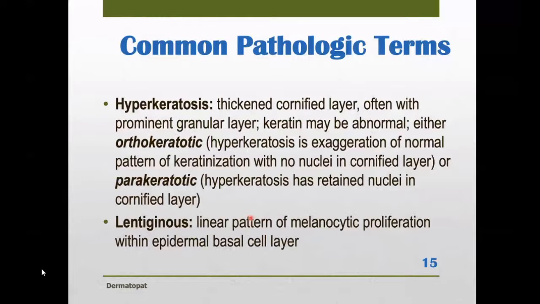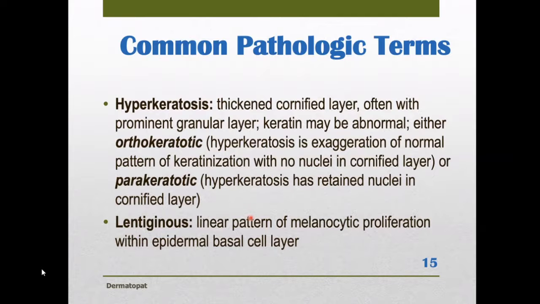Another, orthokeratosis. So in hyperkeratosis we have orthokeratosis and parakeratosis. We look especially at the stratum corneum area. If it is very thick as compared to the normal situation, we say there is hyperkeratosis.